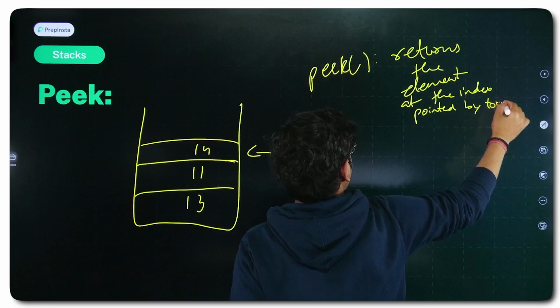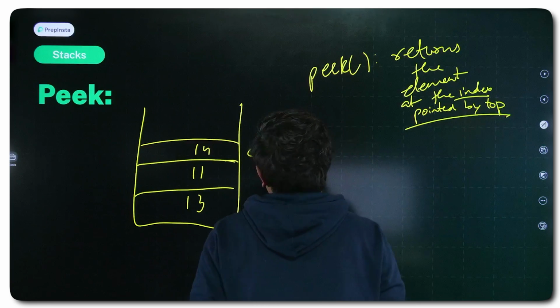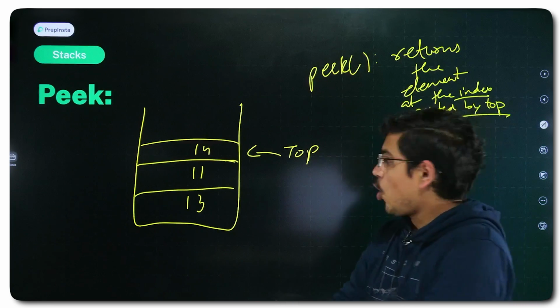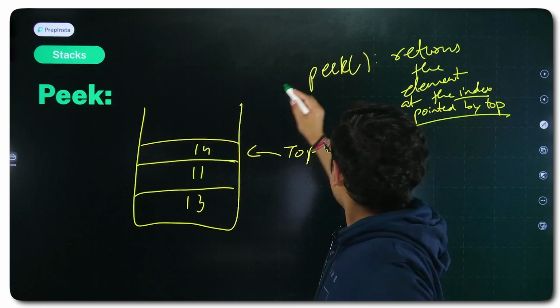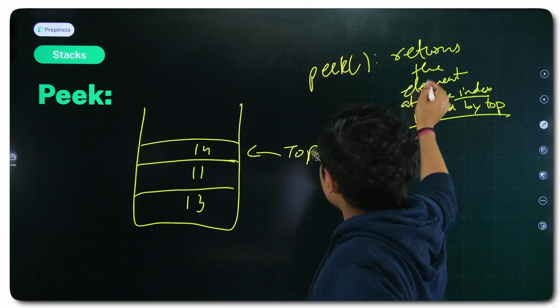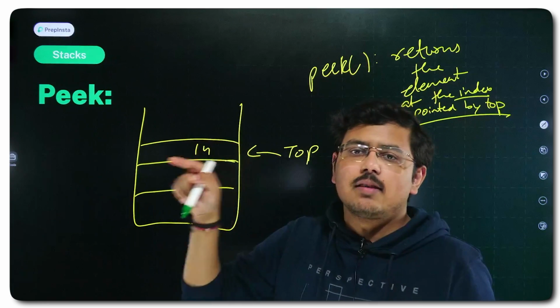Remember this line carefully. On whichever index top is pointing, peek will return the element or the value at that index.